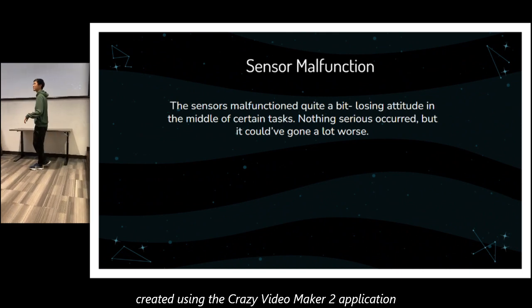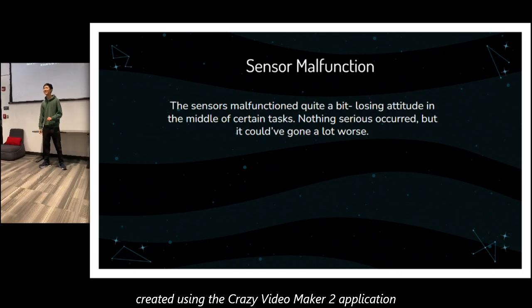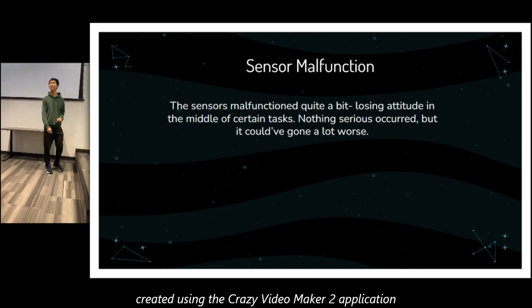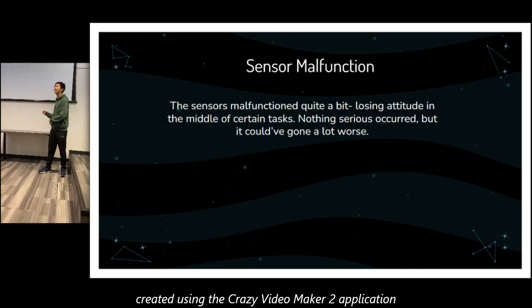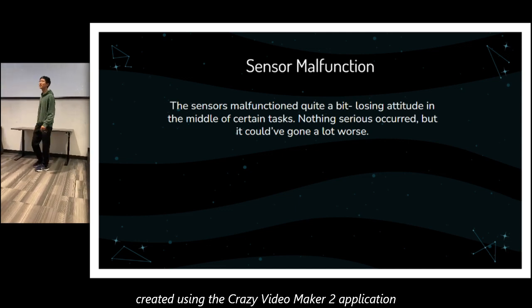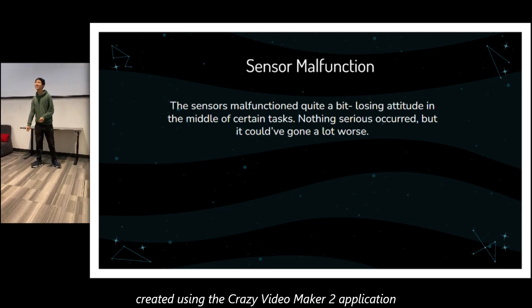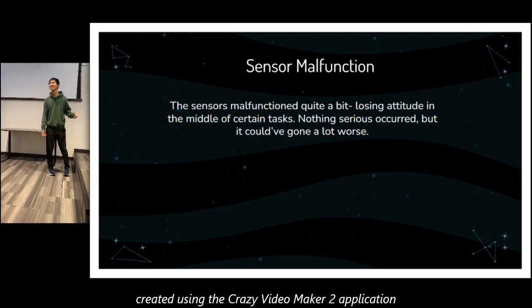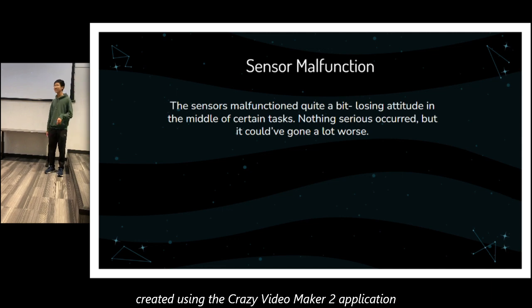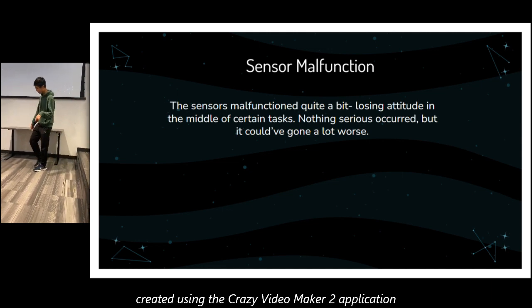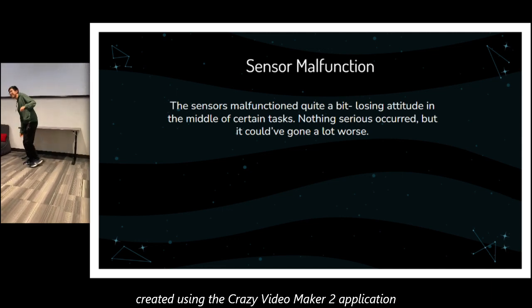So when it comes to computers on Mars, the sensors malfunction actually quite a bit, losing attitude in the middle of their tasks. Essentially what this means is it forgets where its arm is, or it forgets where its leg is. So let's say I'm walking and then I forget where my leg is, I kind of just fall over.